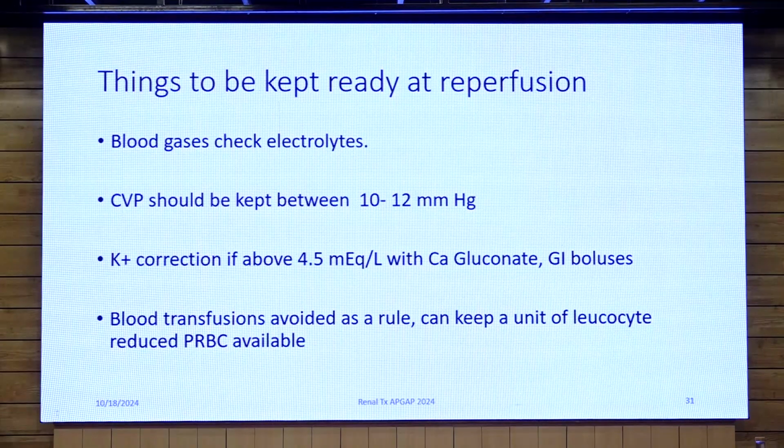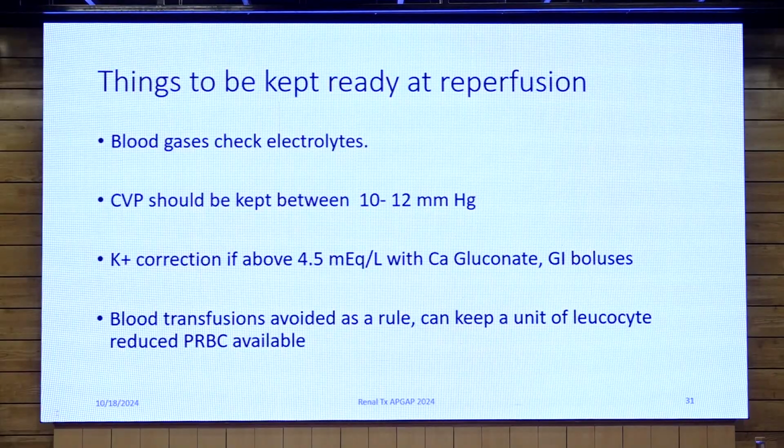If the potassium, despite you giving half NS, tends to be high, which can happen in patients who have tubular dysfunction, you need to be prepared to handle hyperkalemia with boluses of calcium, GI infusions, and sometimes bicarbonate. These are the three things you need to be ready with.